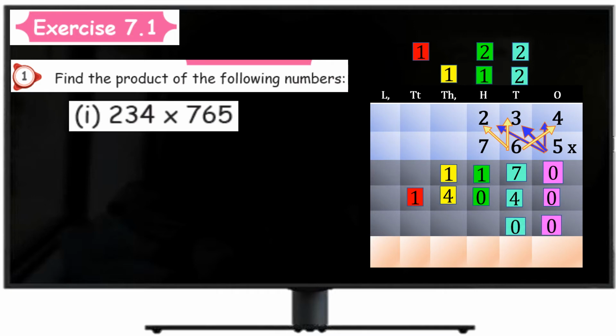So that only it will be correct, because we are going to multiply by the 100th place. 100 means sure we have the 2 zeros, isn't it? Right. So let us start with 7. 7 4s are 28. 8 here and 2 above on the top. Then 7 3s are 21. 21 plus 2 is 23. So 3 here and 2 above.